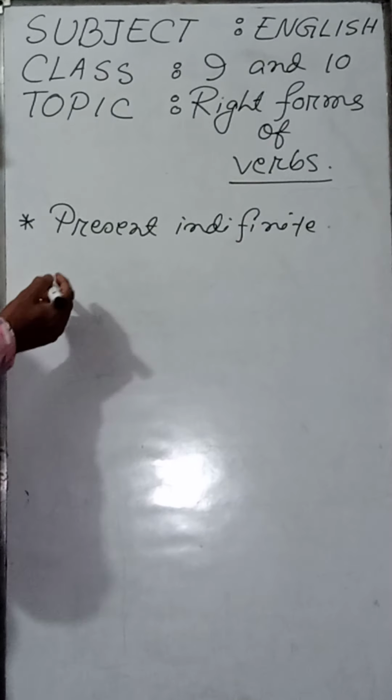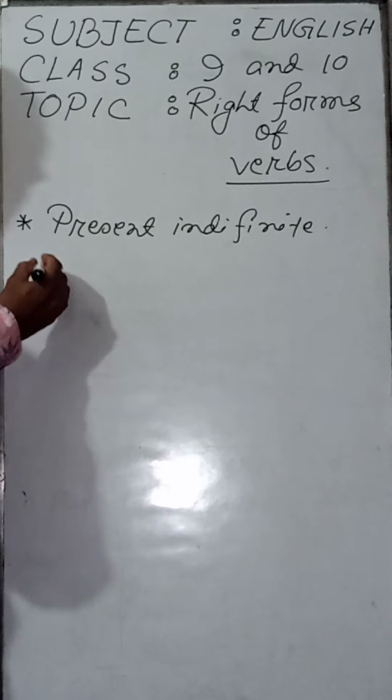The structure of present indefinite is subject, auxiliary verb, main verb, plus object.